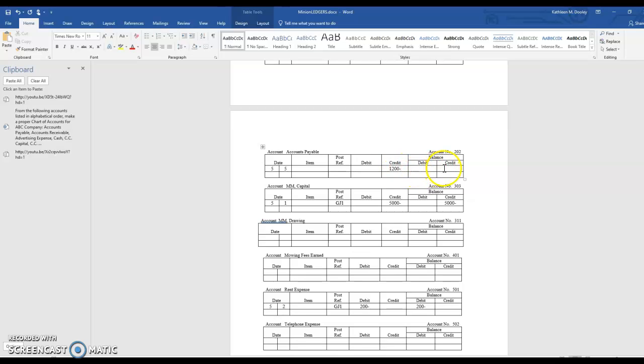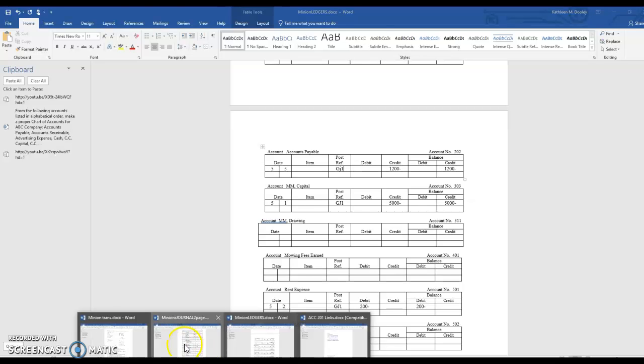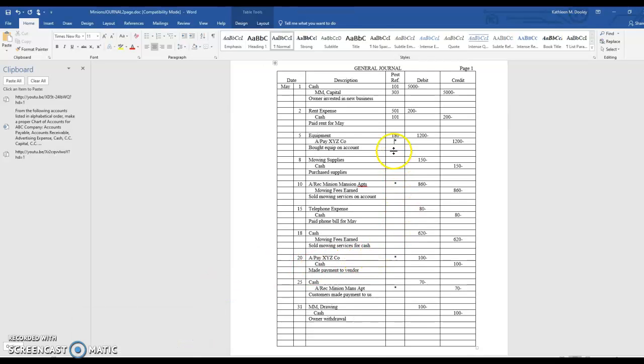There's a credit of $1,200. That brings us a $1,200 credit balance. This came from GJ1. And that was account 202. Okay, so we're showing that we posted it twice. Once to 202 and once to XYZ in the subsidiary ledger.